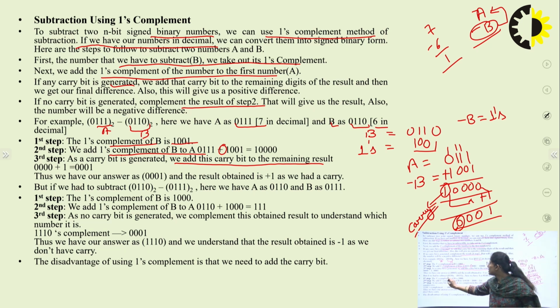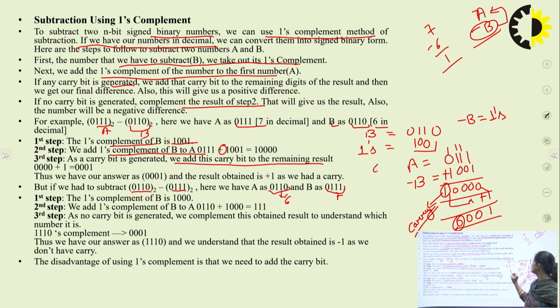If we want to subtract 0 1 1 1 from 0 1 1 0 in base 2, 0 1 1 0 is equal to 6, and 0 1 1 1 is equal to 7. If we want to do 6 minus 7, where the first number is smaller and the second number is greater, then what will happen? The ones complement of B is taken.